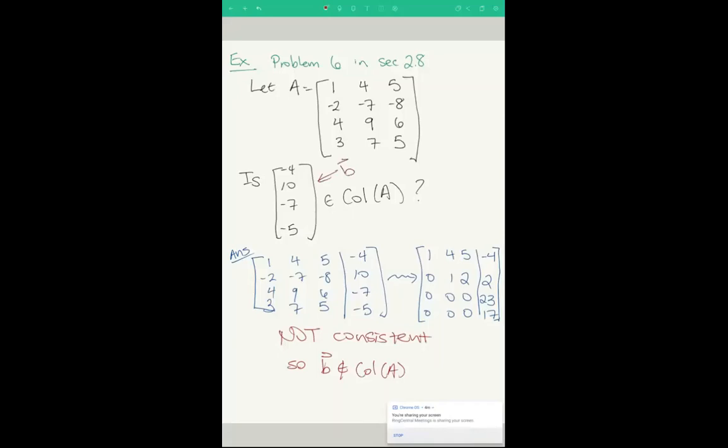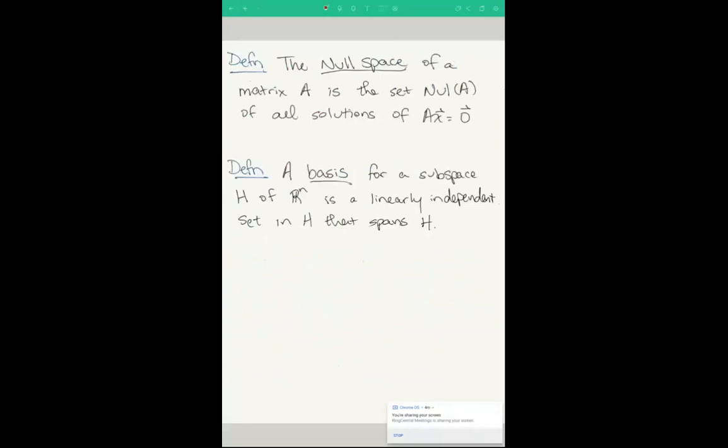Okay, so hopefully you're feeling a little bit better about column spaces now. Let's move on to our second subspace that we're going to talk about, which is the null space. So the null space of a matrix is the set of all solutions to the homogeneous system Ax = 0. Whereas in column spaces we're looking at b, in null spaces we're looking at x.